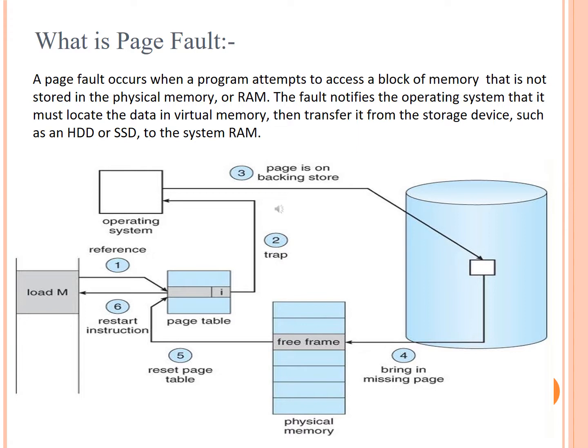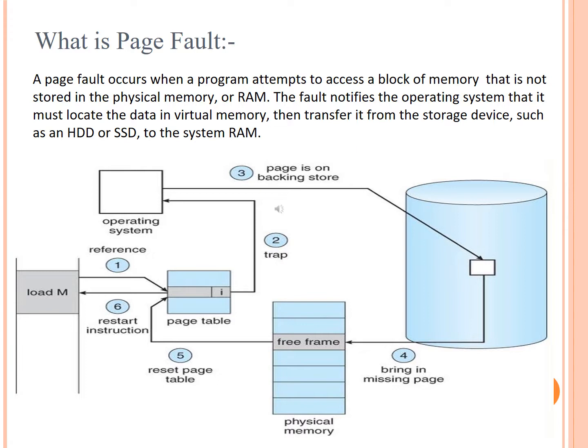A context switch takes place. The faulting process is suspended and another process is made to run until the disk transfer is completed. As soon as the page frame is clean, the operating system looks up the disk address where the needed page is and schedules a disk operation to bring it in. When the disk interrupt indicates the page has arrived, the page tables are updated to reflect its position and the frame is marked as being in a normal state.